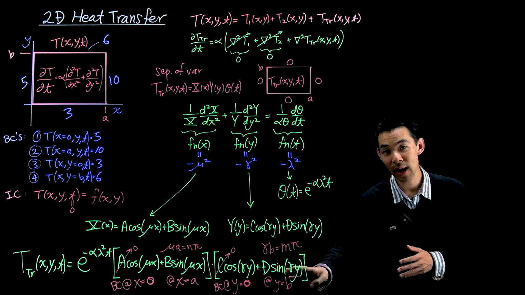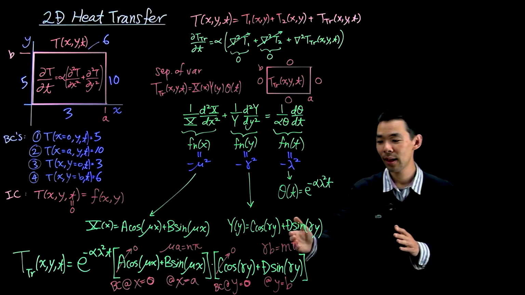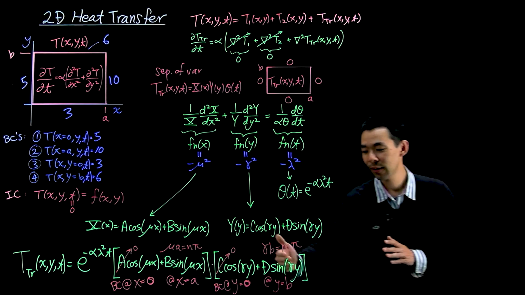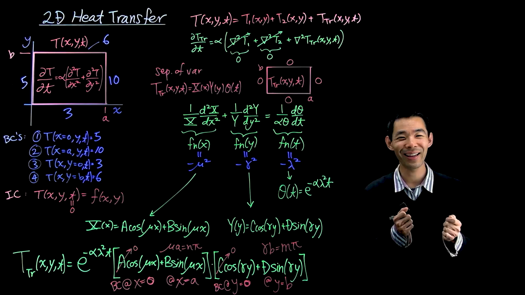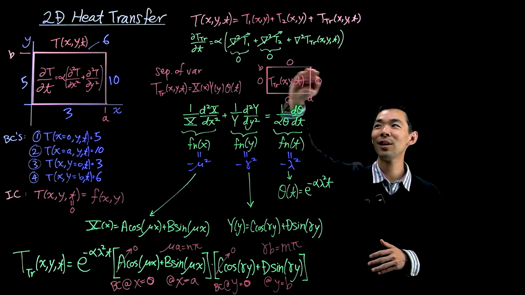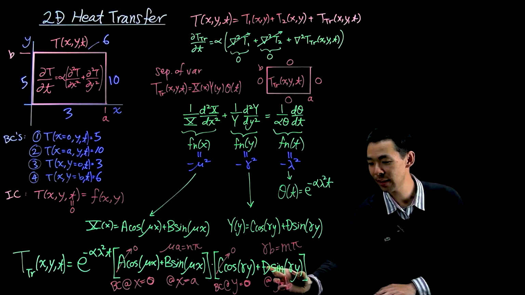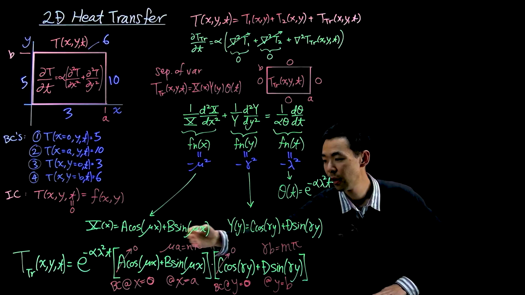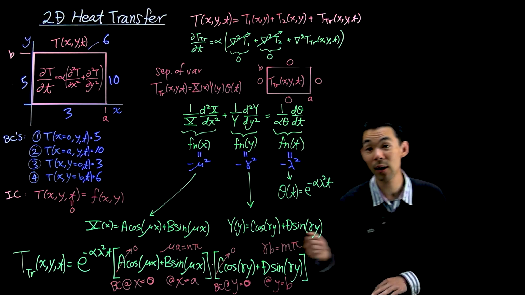But along y, we need a different index m, because for every value of n we have, this can also be freely varied. X and y are freely varying. So when you use your boundary condition at y equal to b, this gets pinned at sine gamma b, but along your x direction, this looks like sine of n pi x over a, because we now know what mu is.